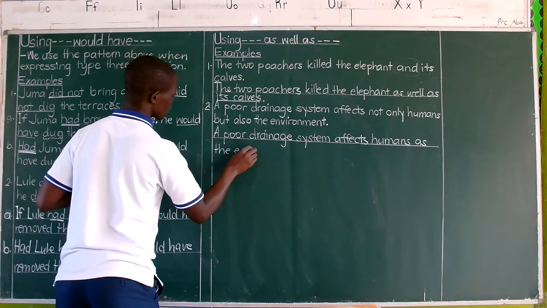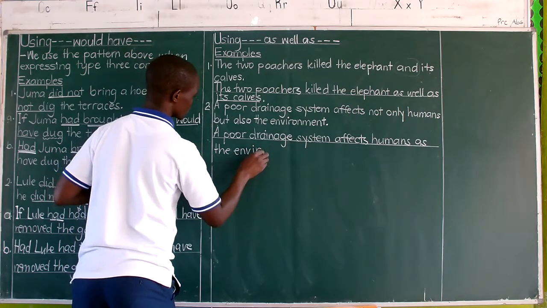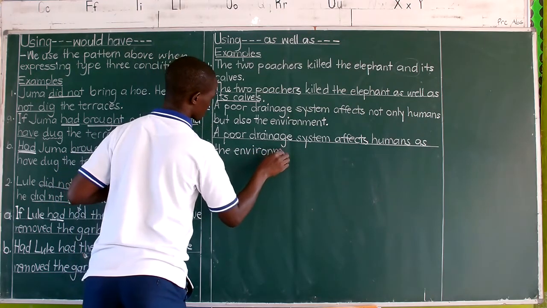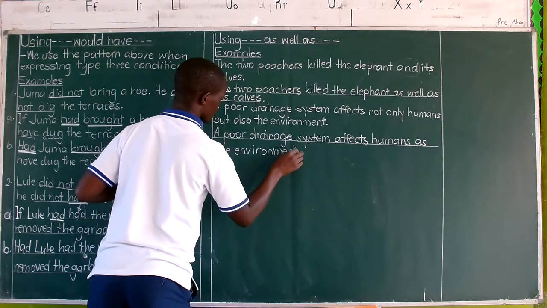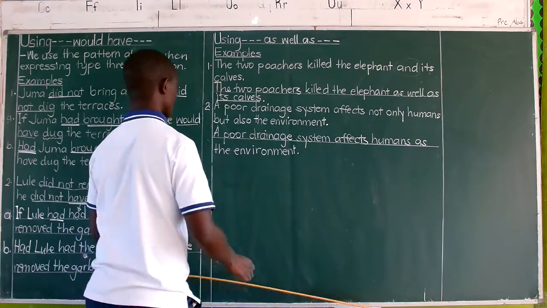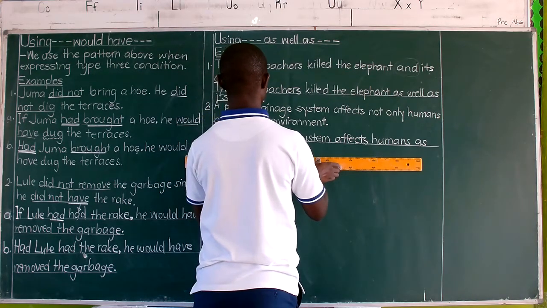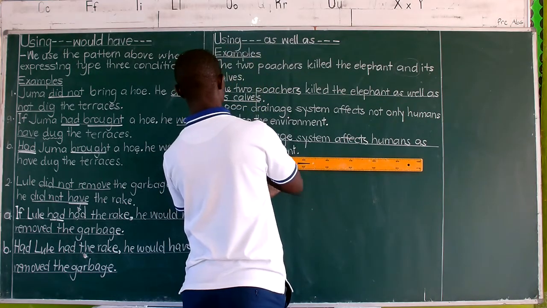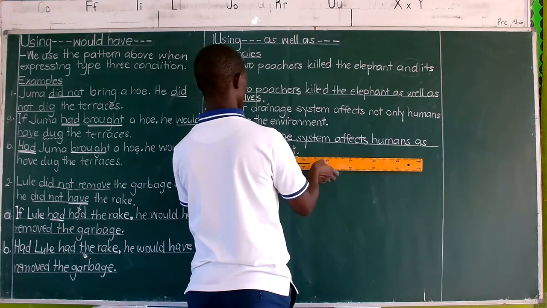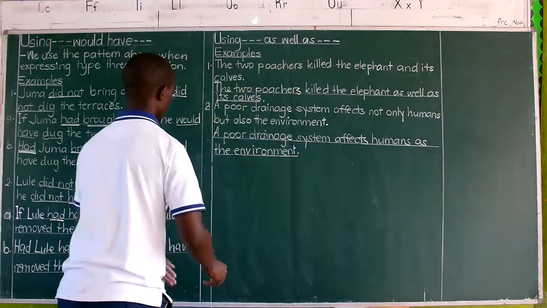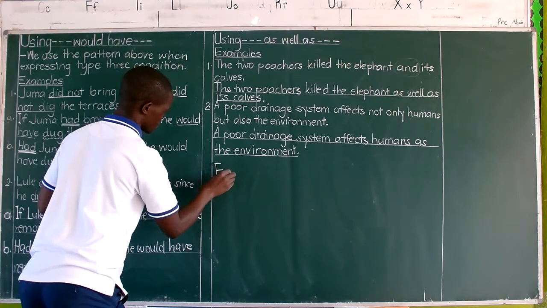You don't need those words, not only but also. A poor drainage system affects humans as well as the environment. That's our answer. That's the way we're supposed to answer that question using as well as.